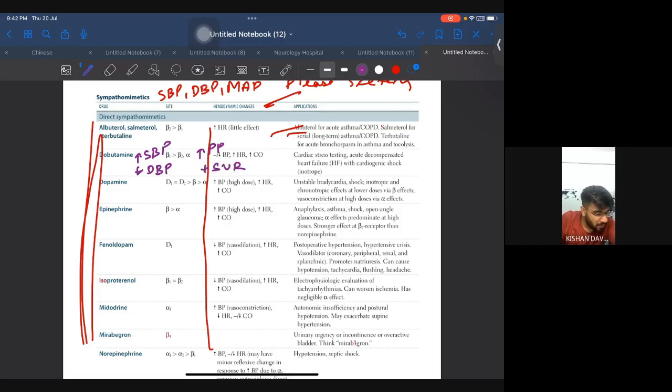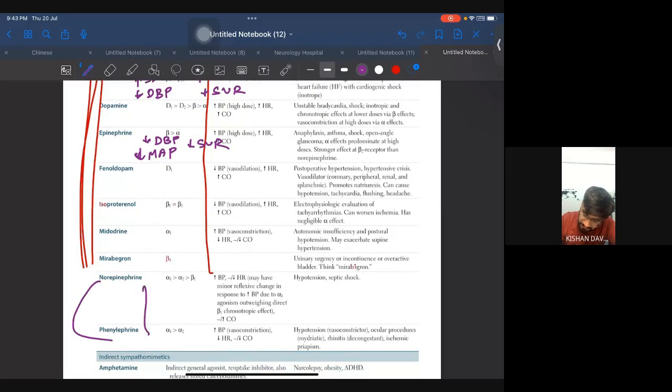If they are asking about epinephrine, there is decrease in DBP, decrease in MAP, decrease in SVR. If they are asking about norepinephrine and phenylephrine, mostly they are going to be the same.